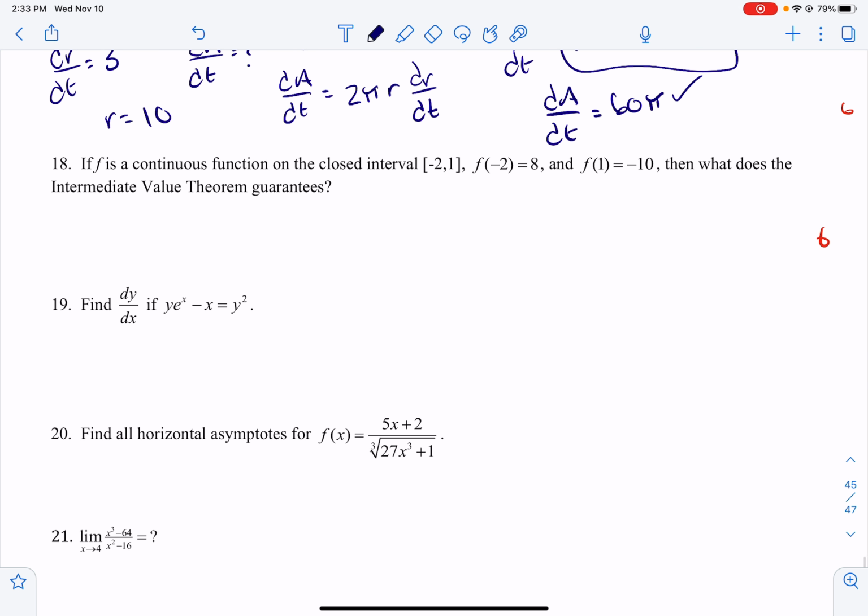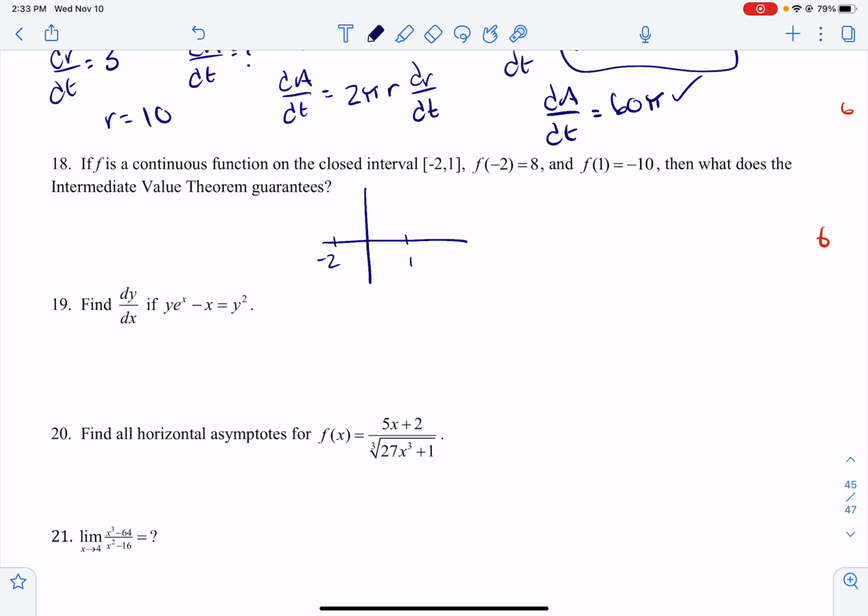Number 18, if f is a continuous function on the closed interval -2 to 1, and f of -2 is 8, and f of 1 is -10. Okay, hold on. Let's draw a picture. It's a lot going on. I am going from -2 to +1.